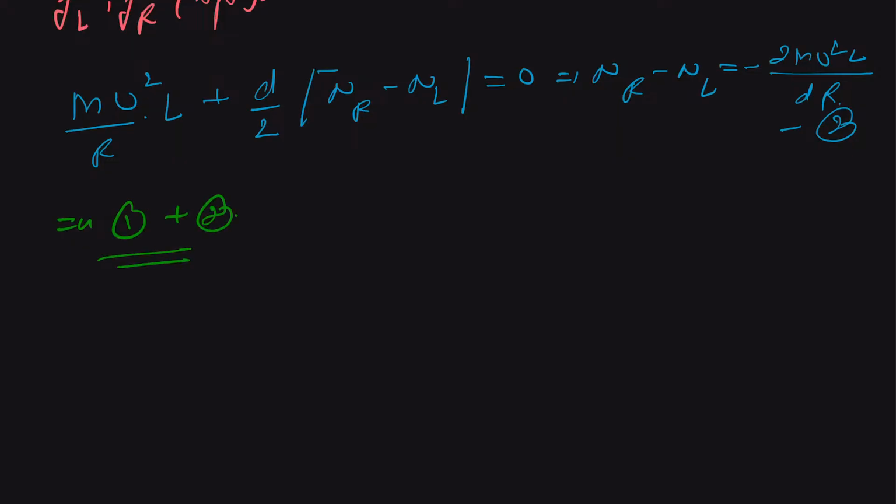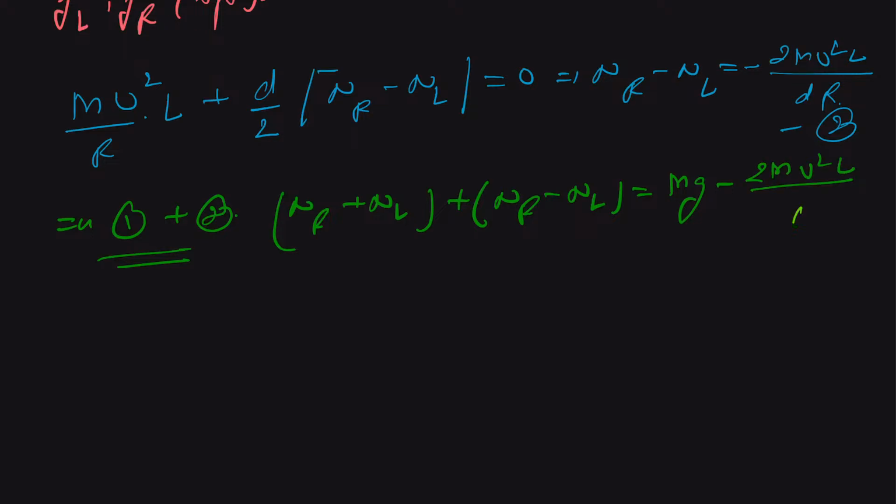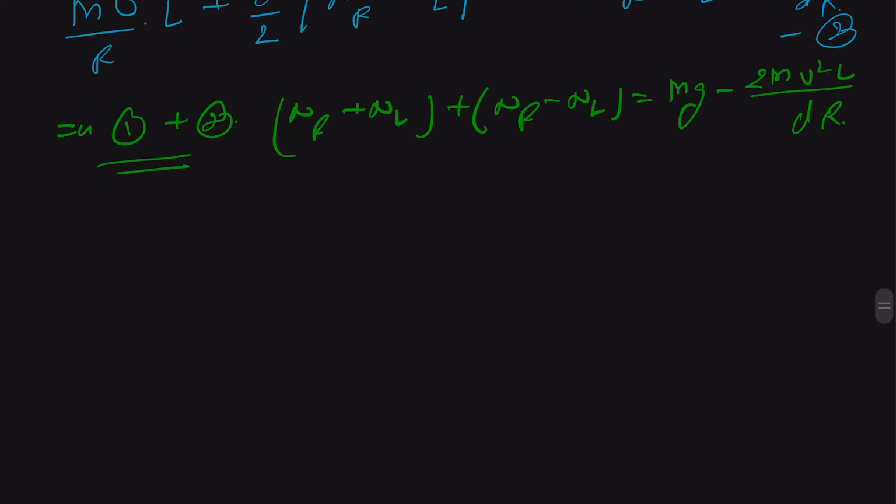Here NR plus NL plus NR minus NL is equal to mg minus 2 mv square L upon dr. And here NL and NL cancel out, so this comes as twice NR.